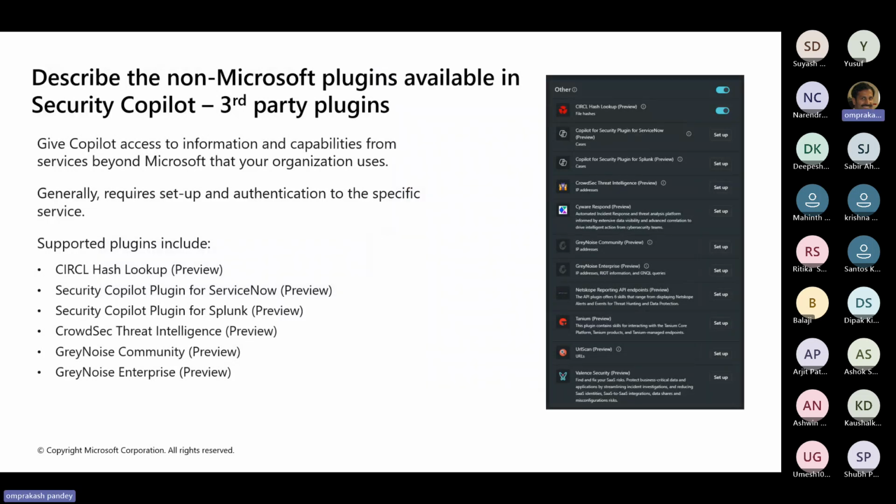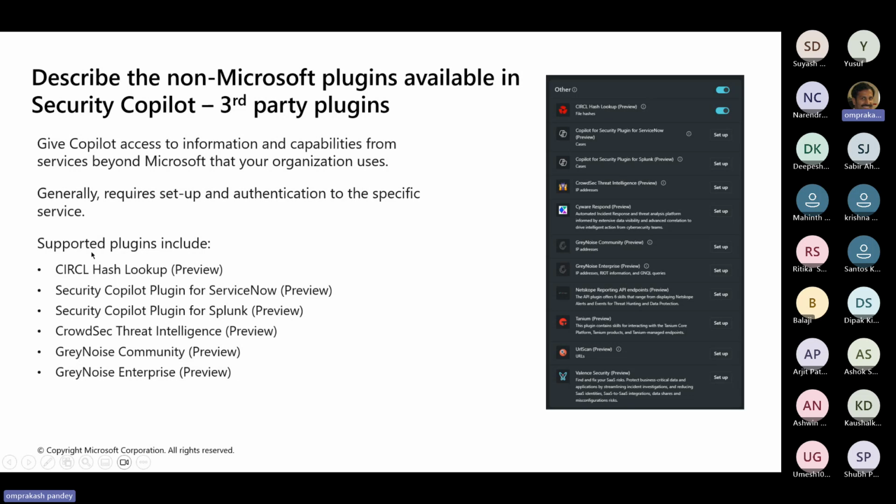In terms of non-Microsoft plugins, I already mentioned at the start of the session that even though it is a Microsoft resource, Security Copilot or Copilot for Security, whatever way you want to term it, does not mean that it will only support Microsoft security solutions.